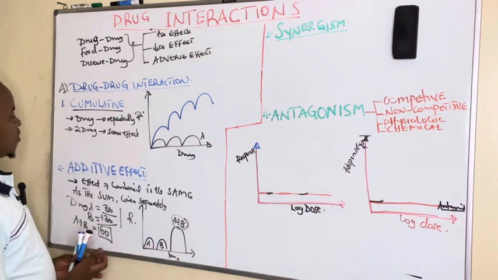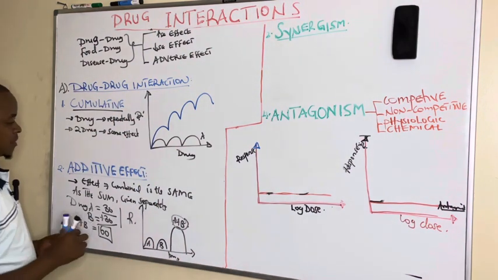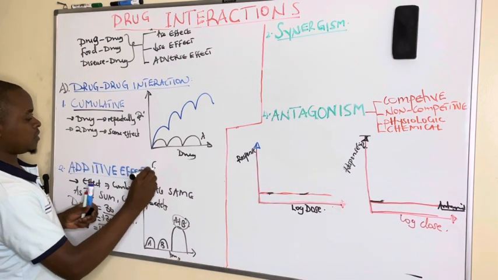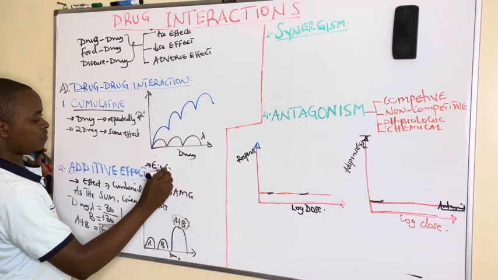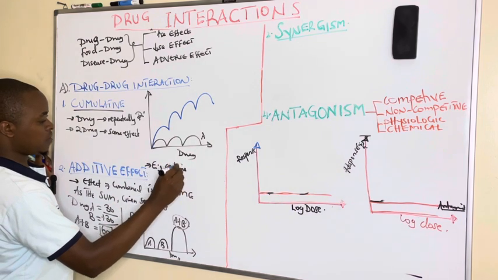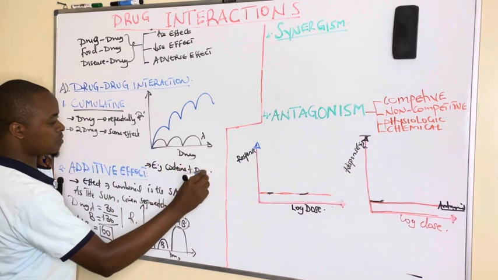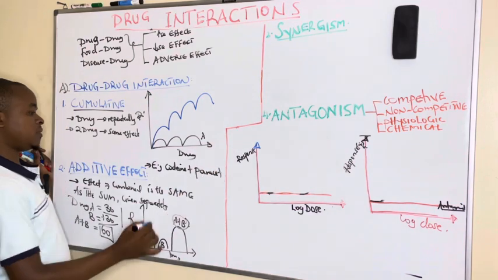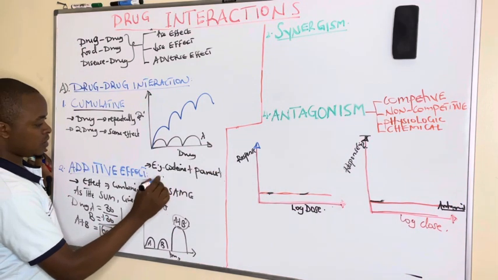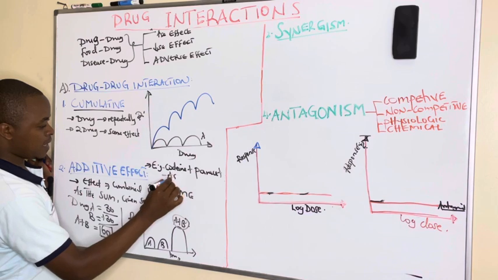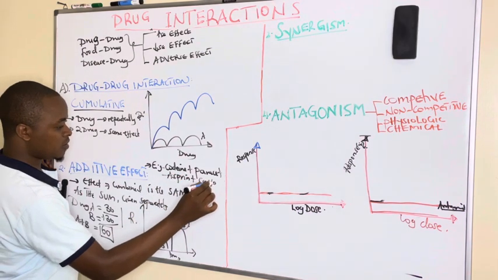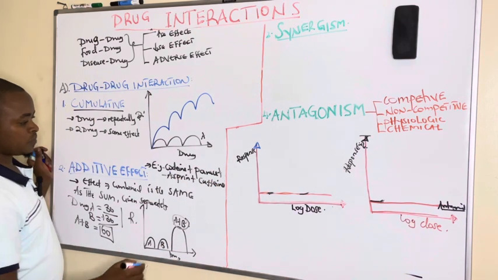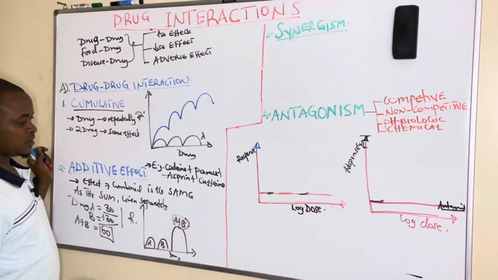Examples of drugs that produce additive effect: we have codeine when combined with paracetamol. When we combine aspirin together with caffeine, we also produce an additive effect.